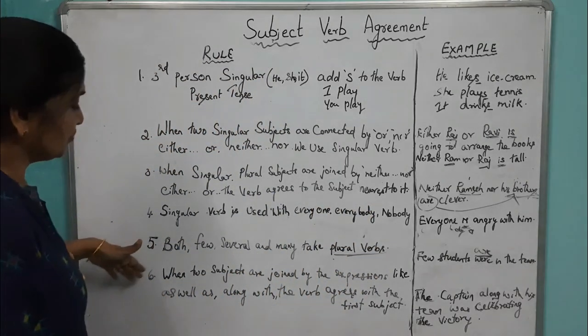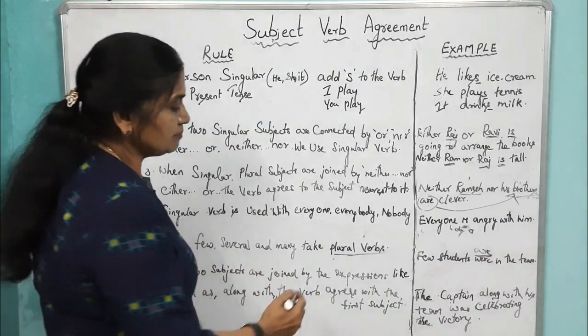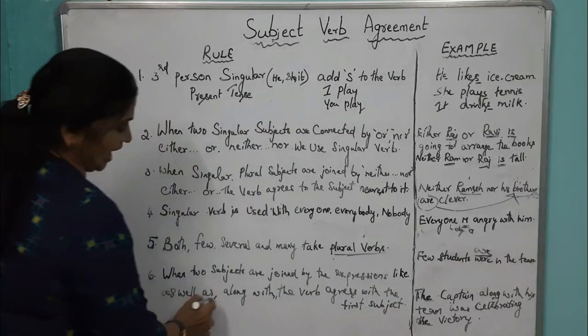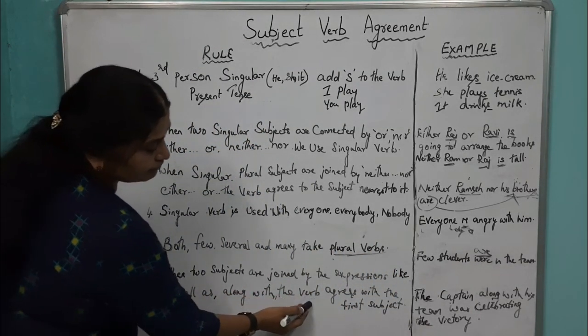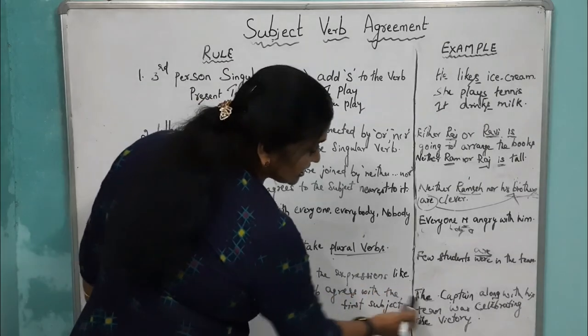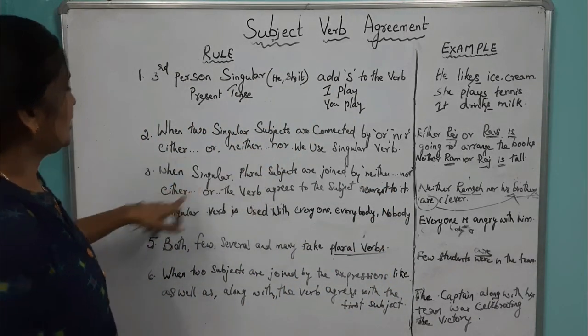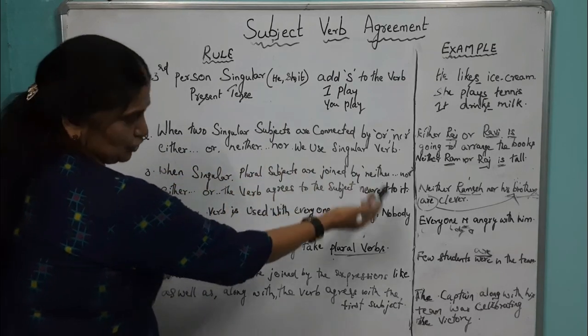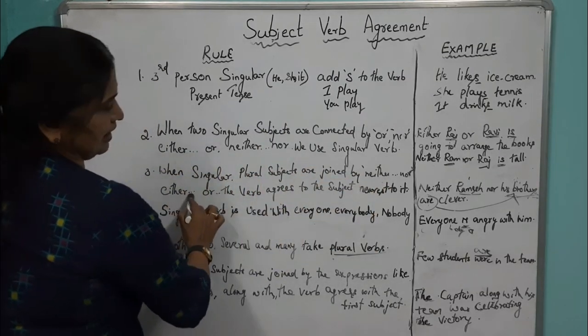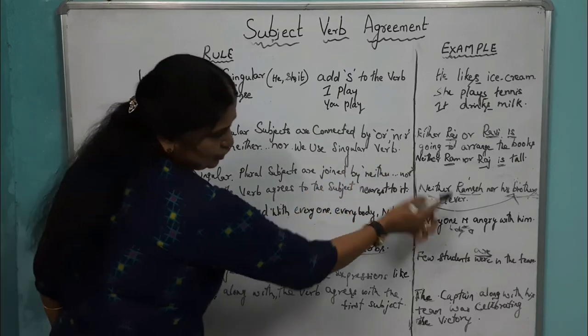And the last one: when two subjects are joined by expressions like "as well as" or "along with," the verb agrees with the first subject. Now you have to be very careful. Here, when singular and plural subjects are joined by neither-nor or either-or, the verb agrees with the subject nearest to it.